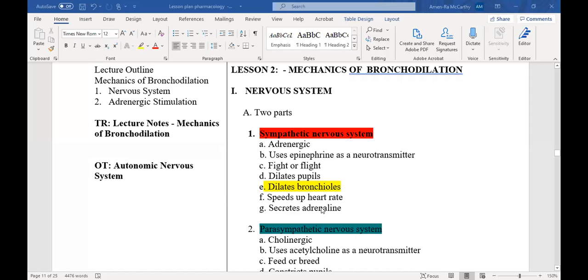And we don't want all of that, right? When we have a drug, all we want is the bronchodilation, right? But some of the side effects of the albuterol will be heart rate speeds up, dilated pupils, you start feeling jittery and nervous, right? Those are side effects because albuterol is a sympathomimetic drug. So it's going to affect all of these.